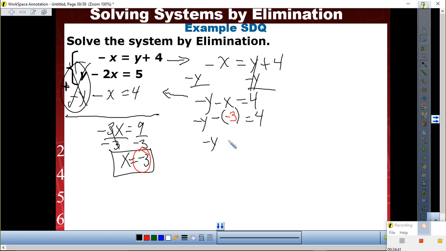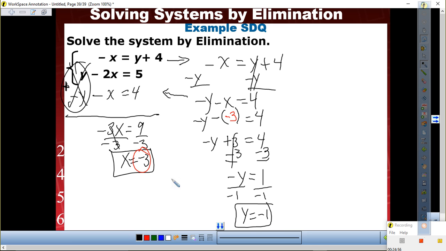Negative y, and this becomes plus 3 equals 4. Minus 3, minus 3, negative y equals 1. Divide by negative 1. Y equals negative 1. Solution, negative 3, negative 1. Hands if you got that. That is correct.